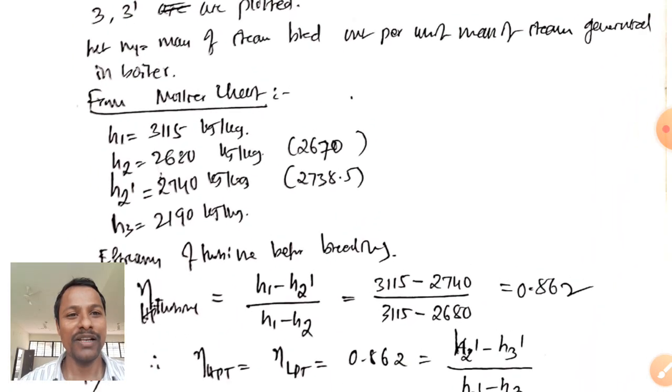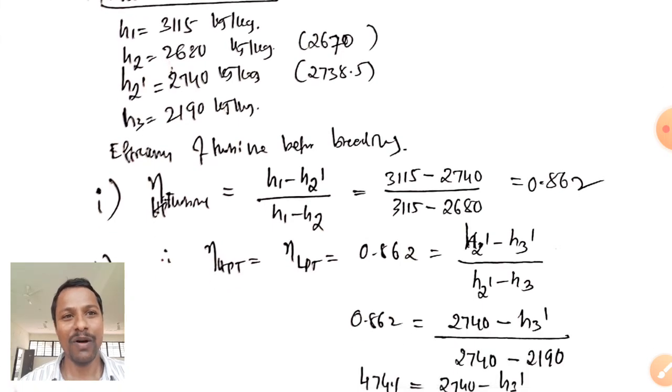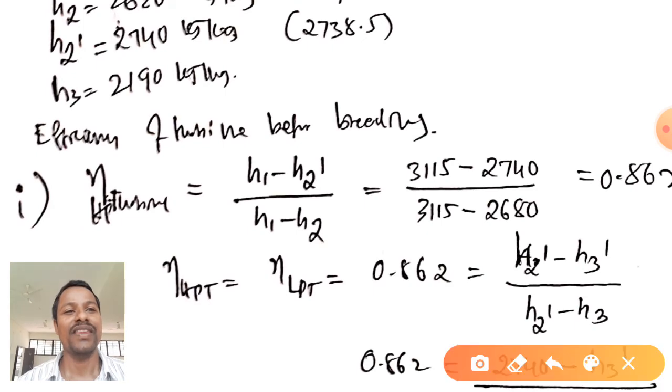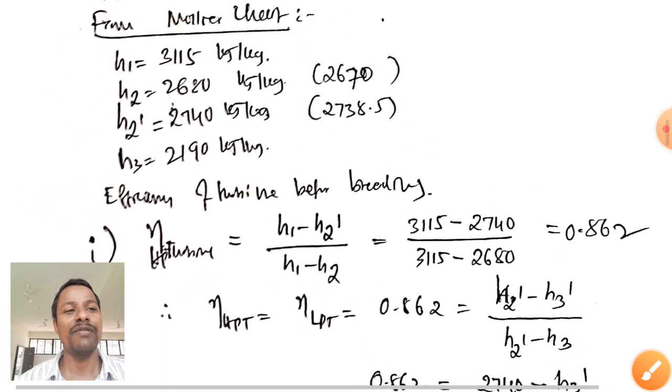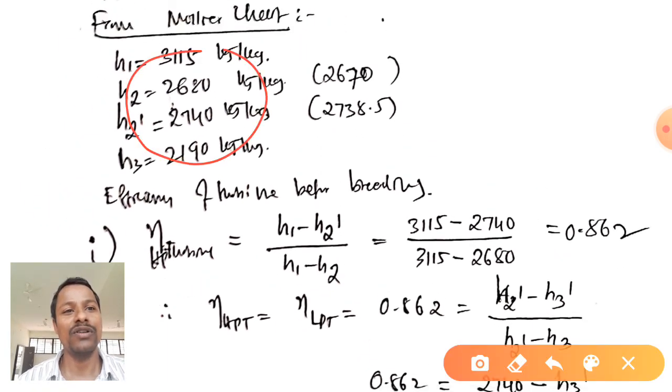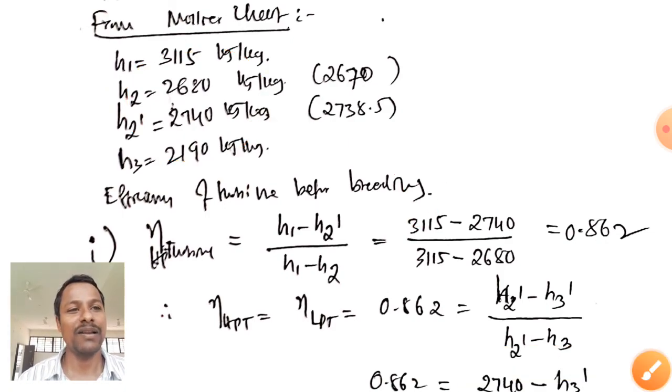So I have all the values. First bit of the problem: turbine efficiency is equal to H1 minus H2 dash, the smaller enthalpy drop, divided by the higher enthalpy drop, for stage 1. Now I will substitute all the values that I have already noted down from the Mollier chart, and I will be able to calculate the turbine efficiency.